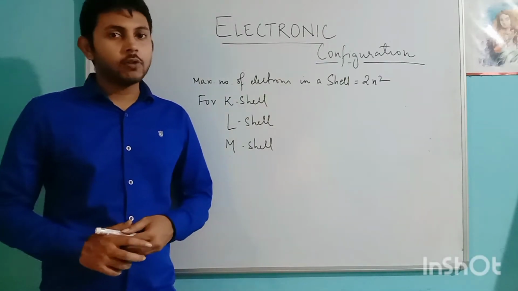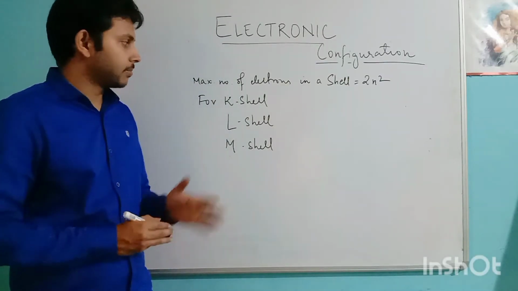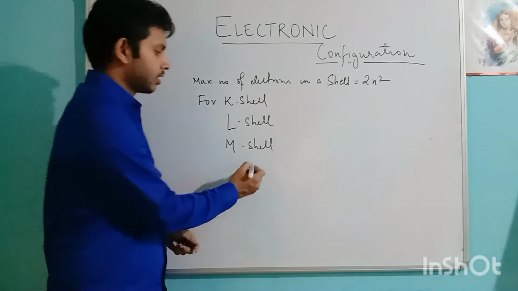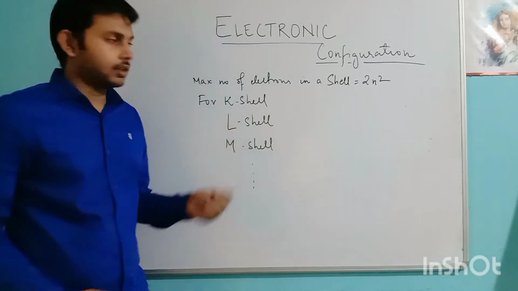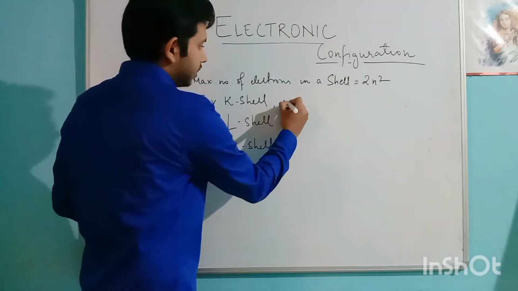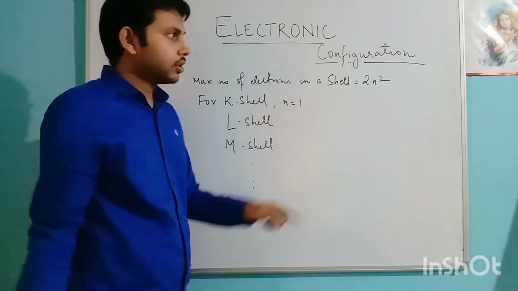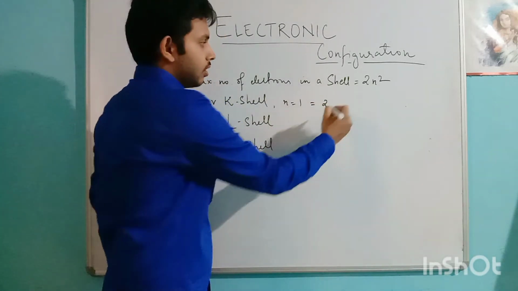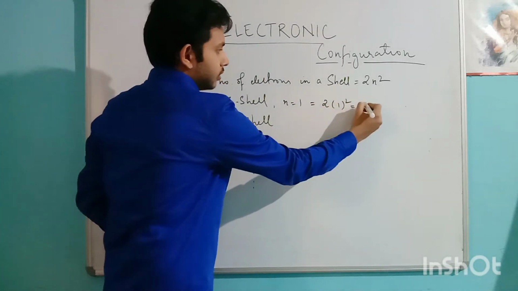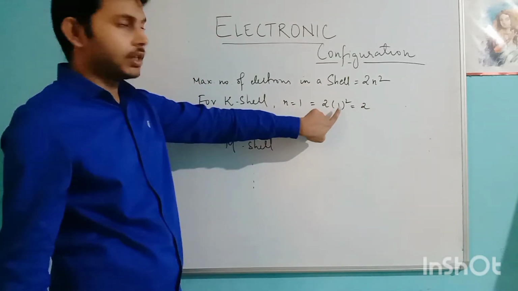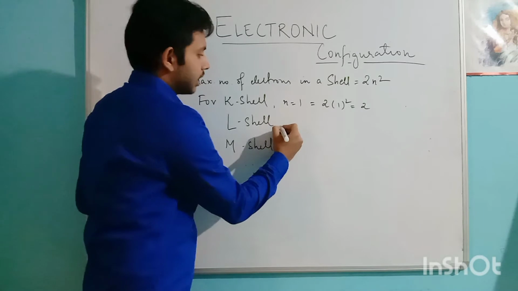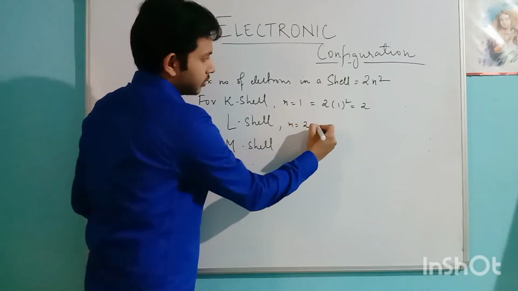Now let's write how many electrons there can be in K cell, L cell, M cell and other cells. For K cell, I just told that n is equal to 1. So the maximum number of electrons in K cell will be 2 into 1 squared, which is equal to 2. 1 squared is 1, 1 into 2 is 2. For L cell, n is equal to 2.